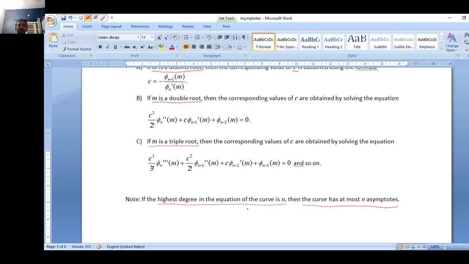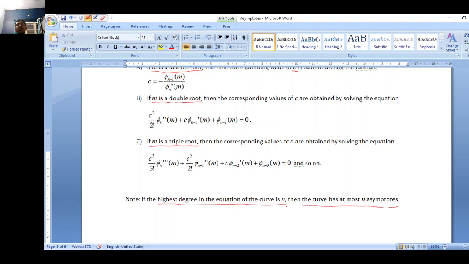If the highest degree term is 2, then the curve has 2 asymptotes, and so on. This point is going to be very important, because if suppose the highest degree term of an equation of a curve is say 2, and suppose we have got 2 asymptotes already, then there is no point finding more asymptotes, because the curve has at most n asymptotes, where n is the highest degree of the equation.